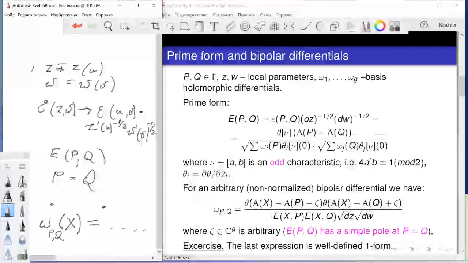Sorry, may I ask a question? Could you please remind me of the definition of A of P? Yeah, the Abel transformation. It's the following.